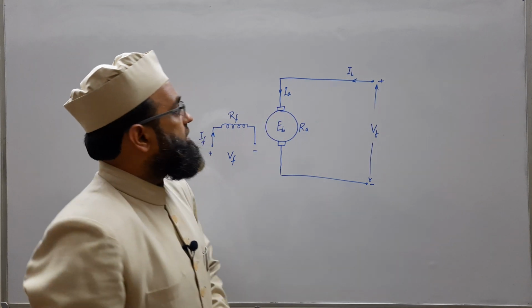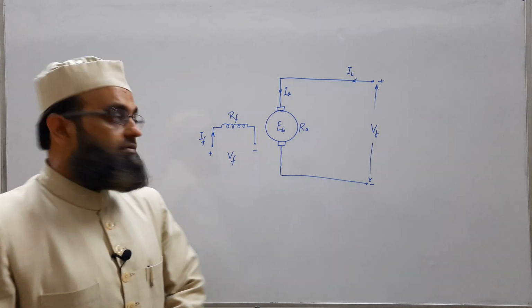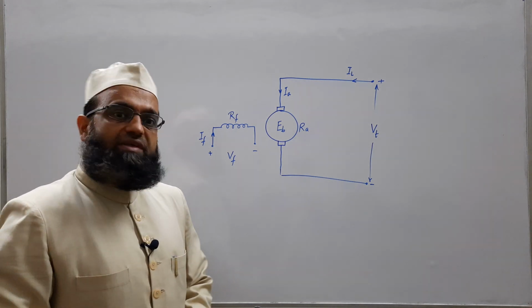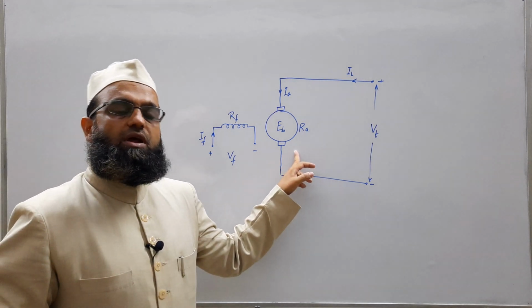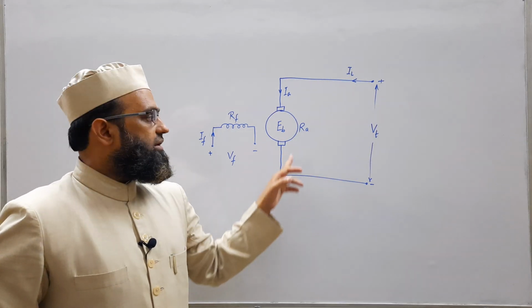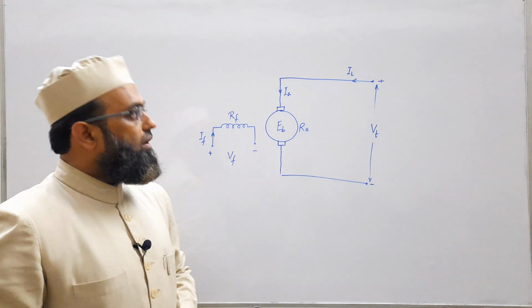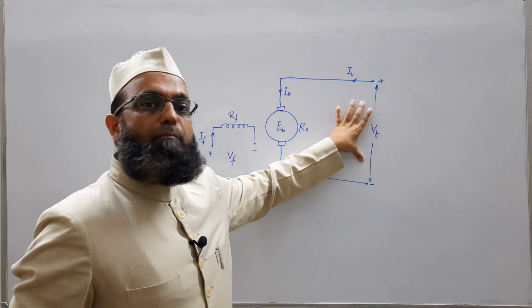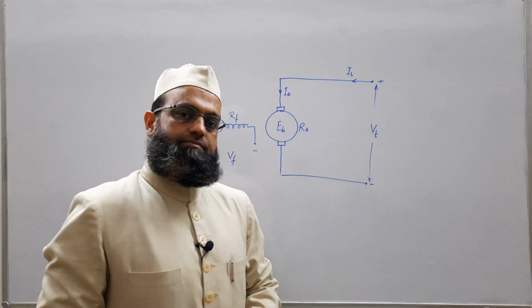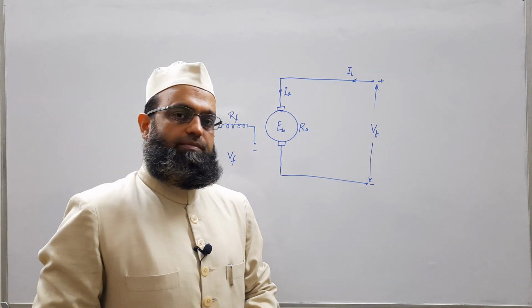Practically, there is no difference in the performances of the two machines, separately excited DC motor and DC shunt motor, as long as the supplied terminal voltage is maintained constant in DC shunt motor.